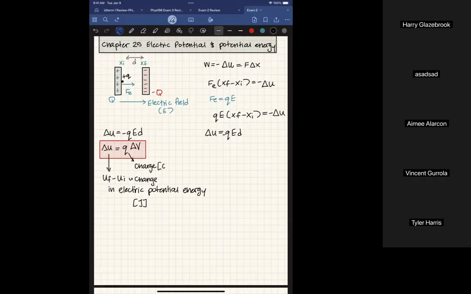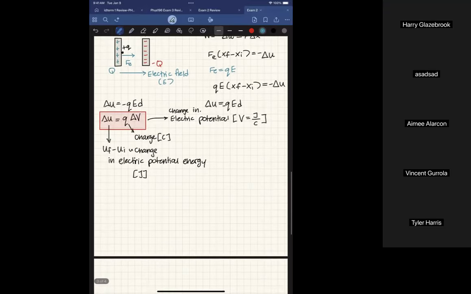It has units of coulombs. And then this new quantity, delta V, is the electric potential. And that has units of volts, which is just joules per coulomb. Cool. And I should note this is change in electric potential.